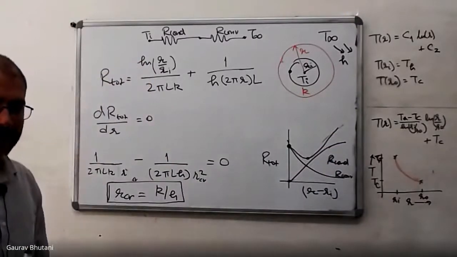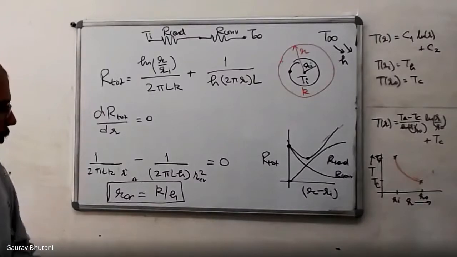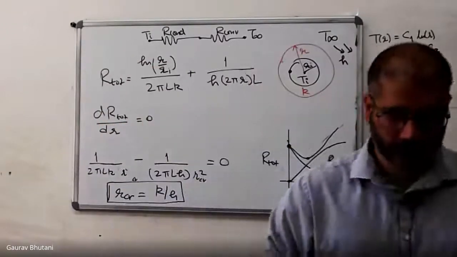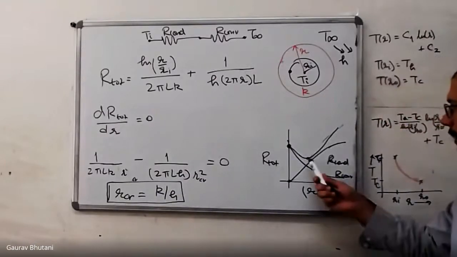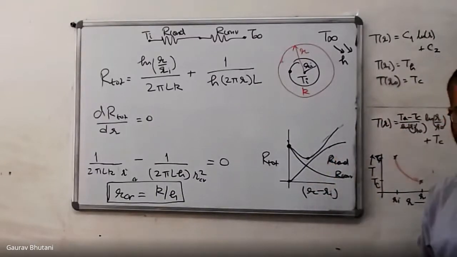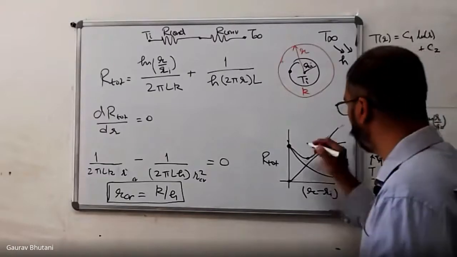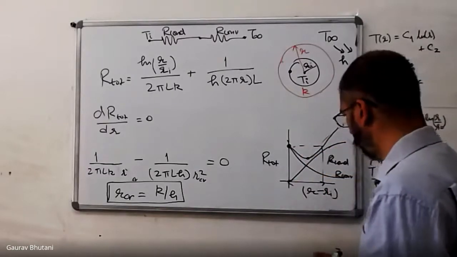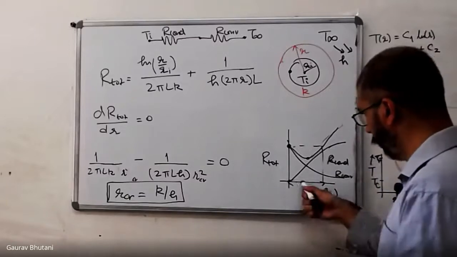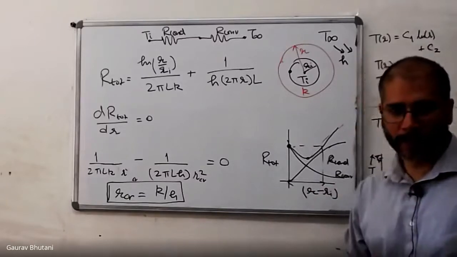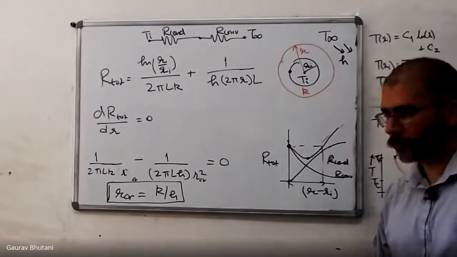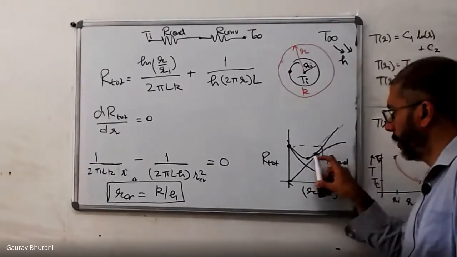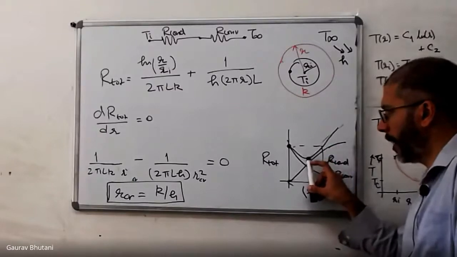So when you start adding insulation, you would see that the resistance will start decreasing, and then it will start increasing again. So for thickness within this range of r or r minus ri, you are doing more harm than good. So you should always add a thickness which is more than this value, because r critical is the minimum.